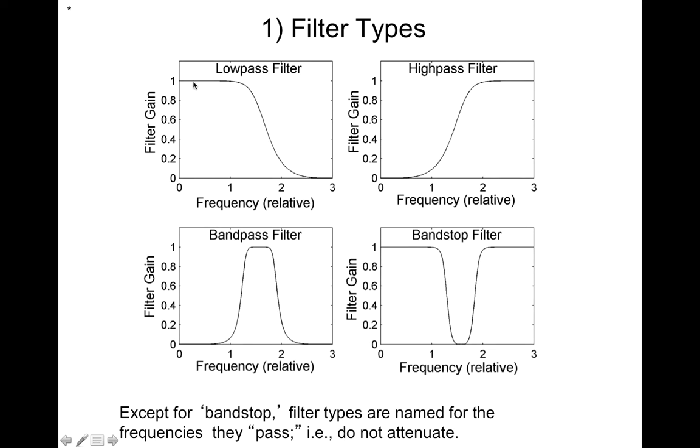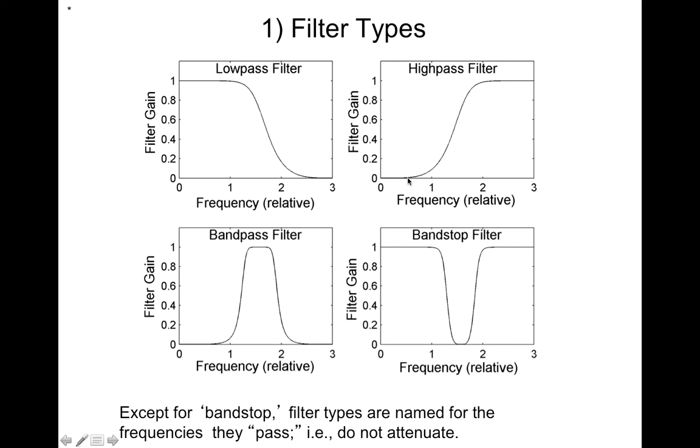In this first example, you can see that for some lower frequencies, the output over input is equal to 1, and then something happens around 1.4, and suddenly the output begins to drop fairly significantly as a function of the input. So we would call this a low-pass filter, because at the lower frequencies, output and input are equal. At the higher frequencies, output is equal to 0.